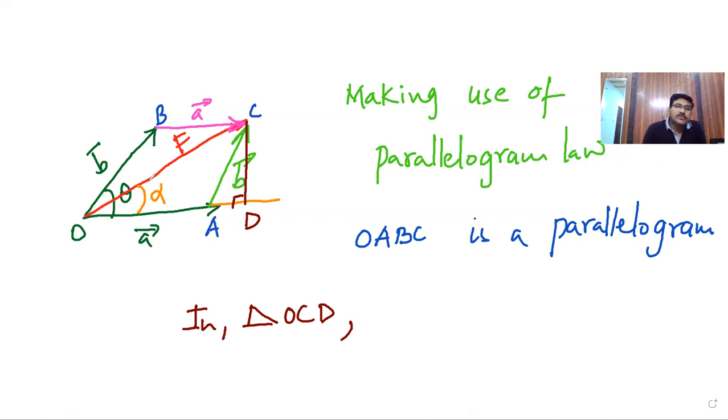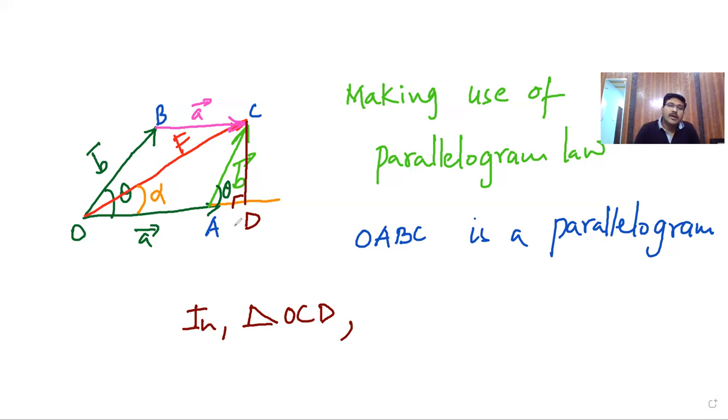Clear? Now observe, if this is theta, b bar is making theta with the x-axis. The same mathematical concept, the same b bar here also makes theta angle with the x-axis. Clear?